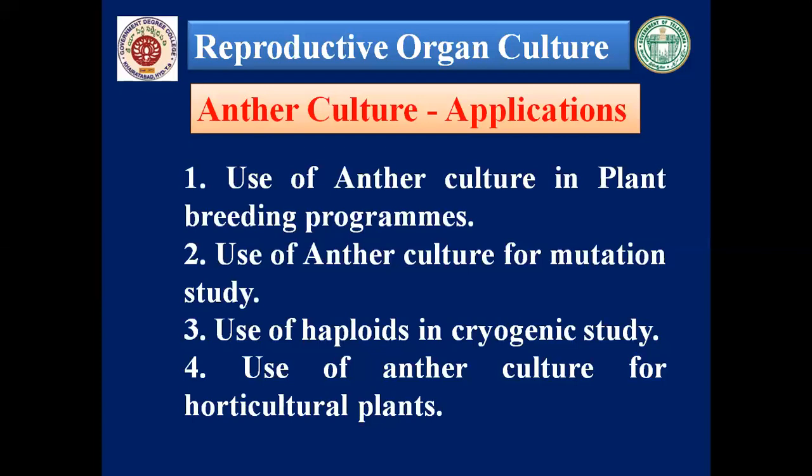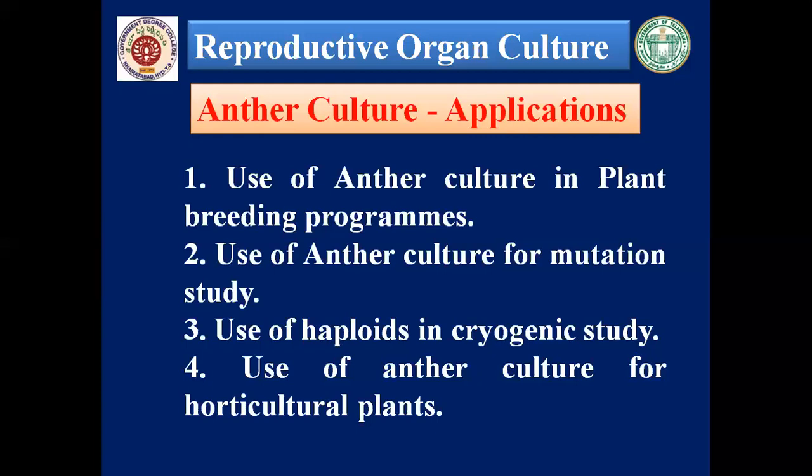Though they are haploids, sterile in nature initially, by doubling their chromosomes through colchicine treatment we can make them homozygous diploid plants which are fertile, and these can be used as pure lines in breeding programs.